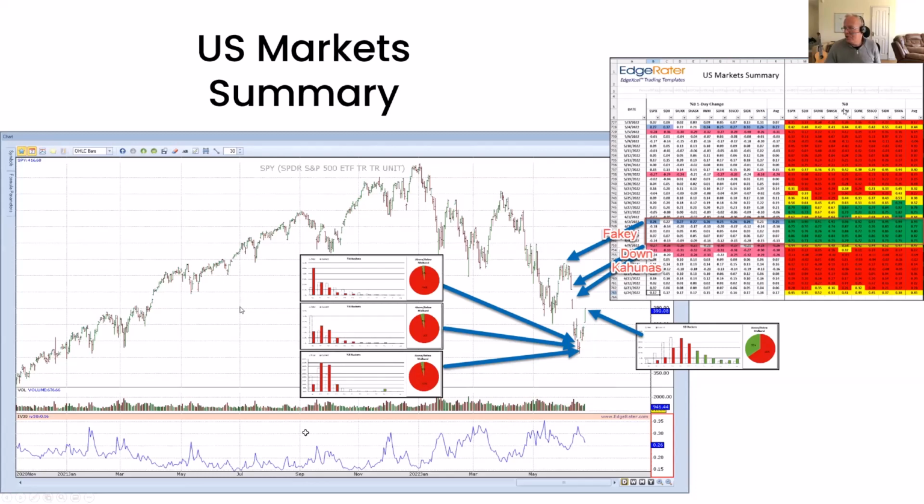And then in this section over here, it actually gives you the %B number. And those numbers are interesting because the %B number is a single number where you can immediately tell where a stock is in relation to the Bollinger Band.